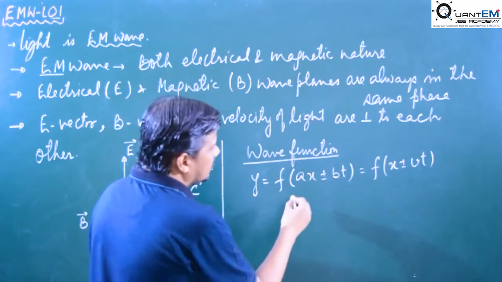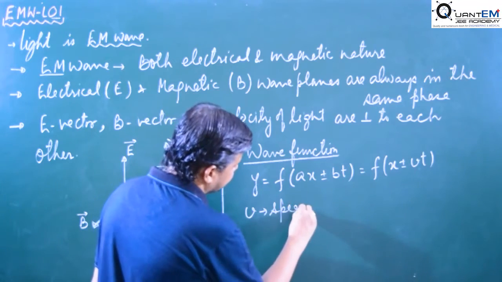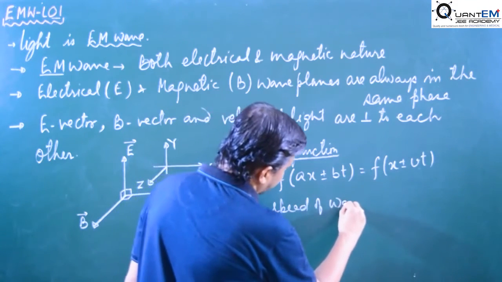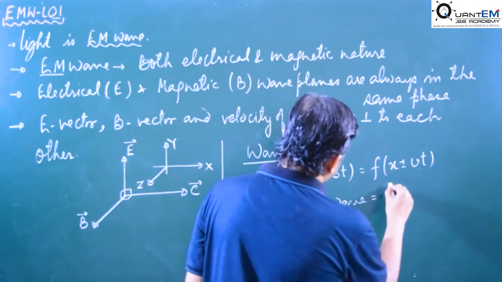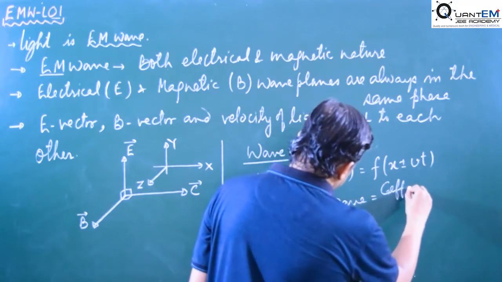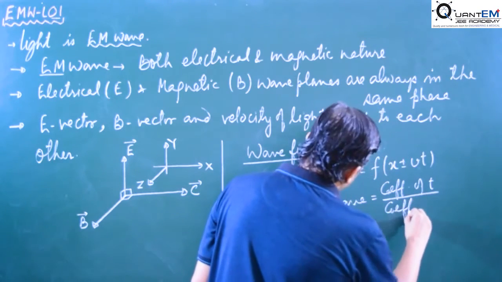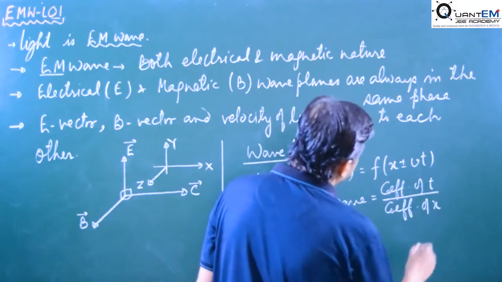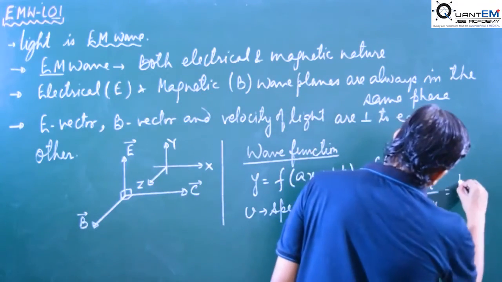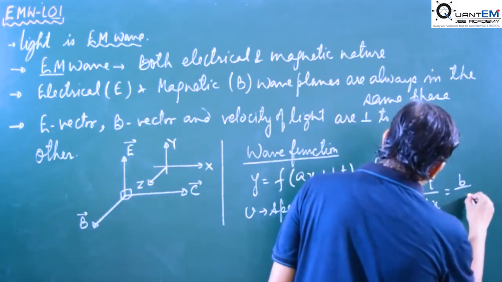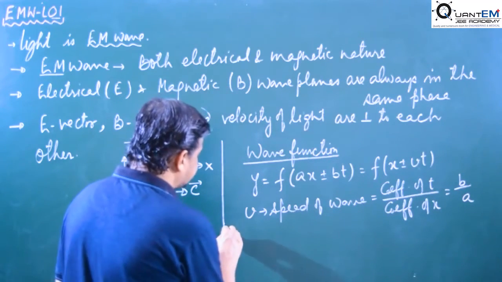Here v is the speed of wave in the direction of propagation. It is coefficient of t by the coefficient of x. So what is coefficient of t here? It is b, and what about coefficient of x? That is a.